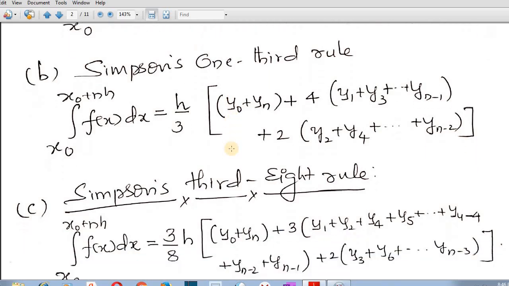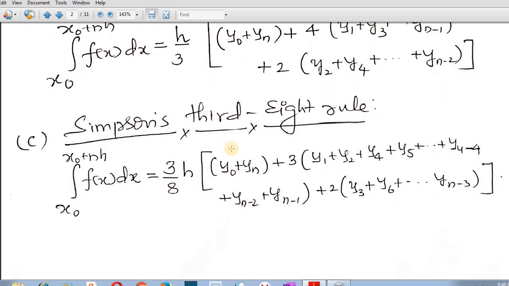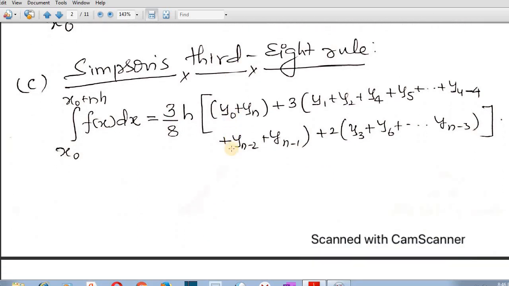The third formula is Simpson's three-eighths rule. It is 3 by 8 times h, where h is the width of the interval, times [y0 plus yn, plus 3 times (y1, y2, y4, y5, y7, y8...), plus 2 times (y3, y6, y9...)].